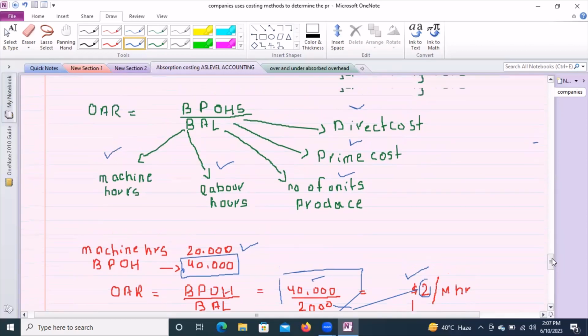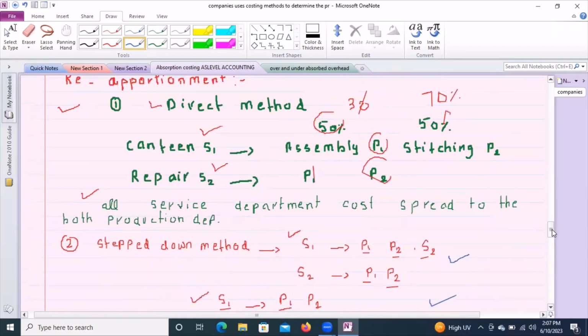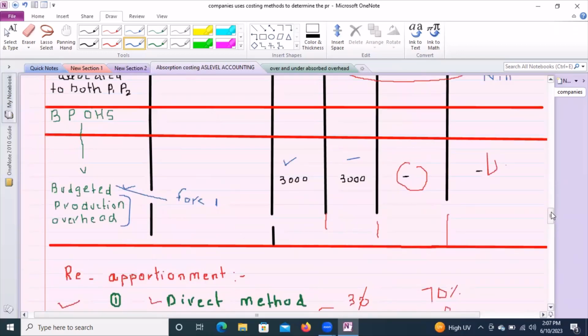So it means that these overheads in real terms haven't occurred yet, but a company may forecast these amounts at the earlier stage of production, or maybe you can say the start of the year when production starts.